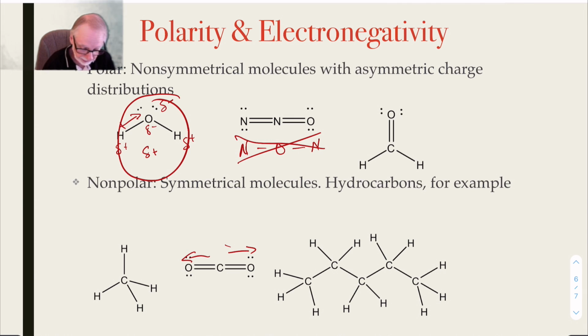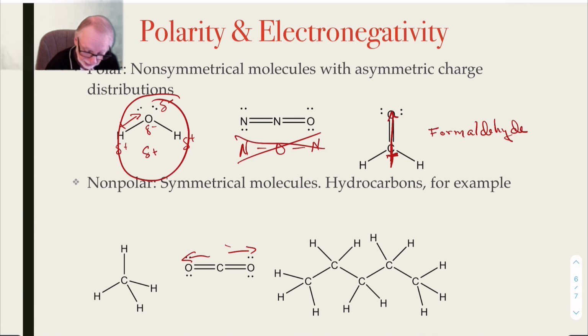Again, up here at the top, this little beastie here, in case you're interested, is formaldehyde. And again, the oxygen is very electronegative, and so we're going to see an overall charge distribution in this molecule that's oriented with electrons distributed toward the oxygen, and so we're going to have a polar molecule.